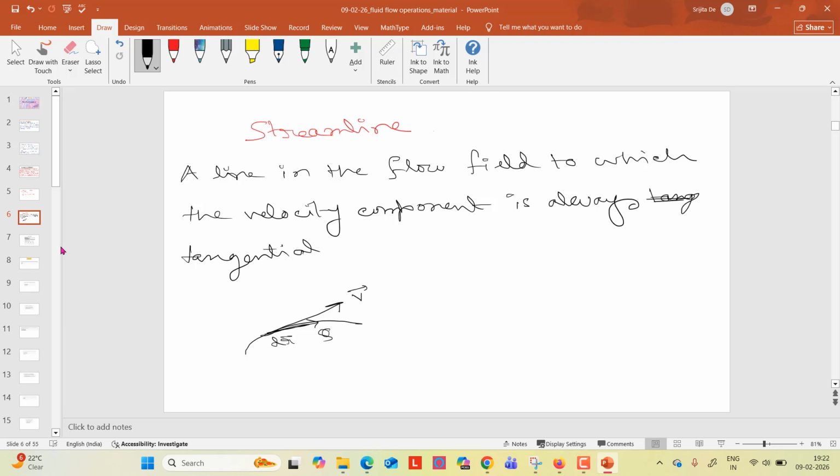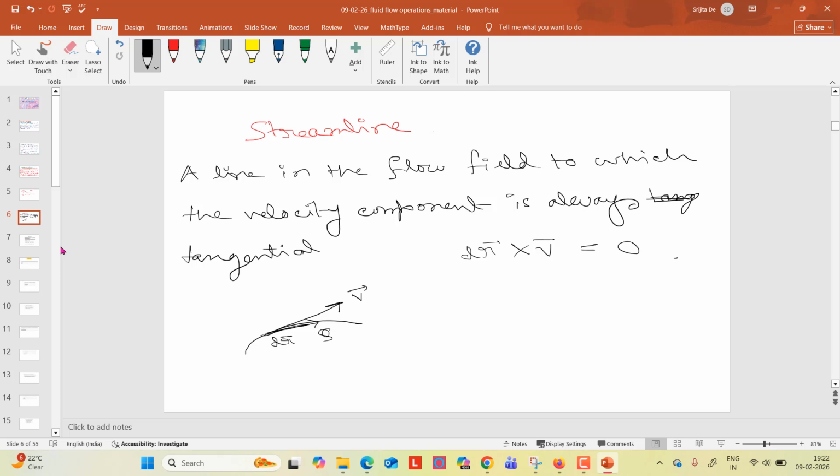So the velocity component is always tangential. That means dr cross v is always 0, because there is no perpendicular component in the streamline, right? So what is dr cross v?